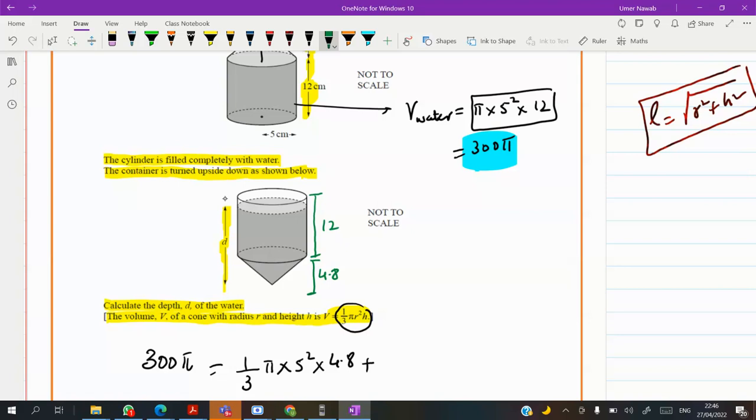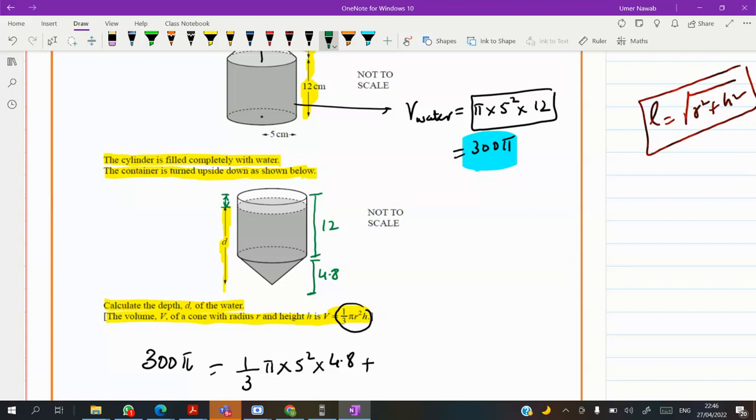Now this height is shortened. We want D, and how can we get that height?